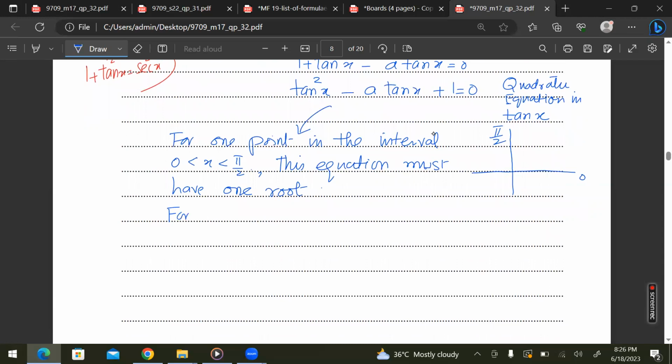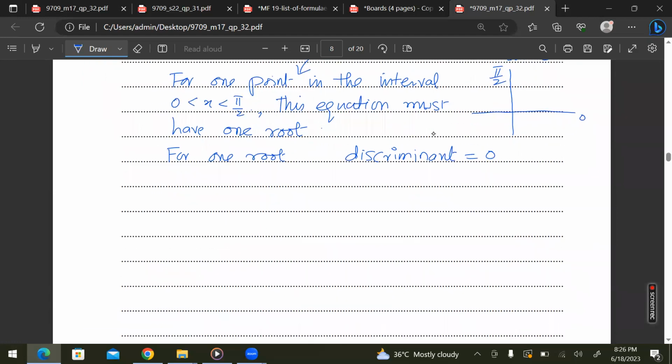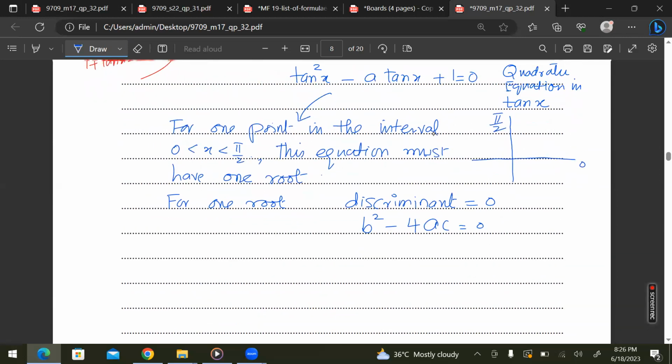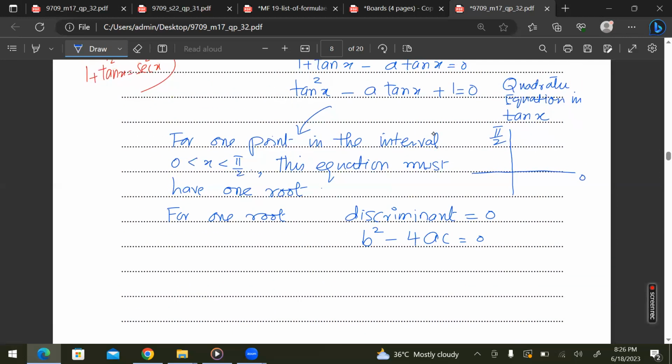And we know that for one root, the discriminant is equal to 0, meaning b square minus 4ac equals 0.